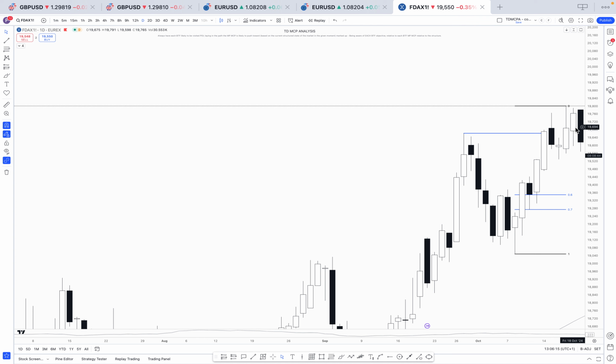Now for the DAX, I consider the 3 month, the monthly, 2 week, weekly, 3 day, 2 day, daily, and then I go straight to the 8 hour. I don't like the 12 hour, and I'll show you exactly what I mean.